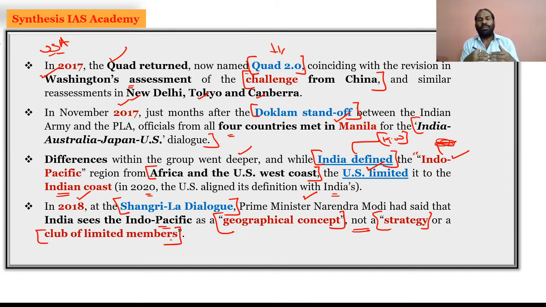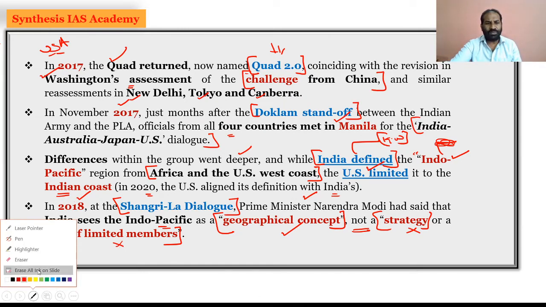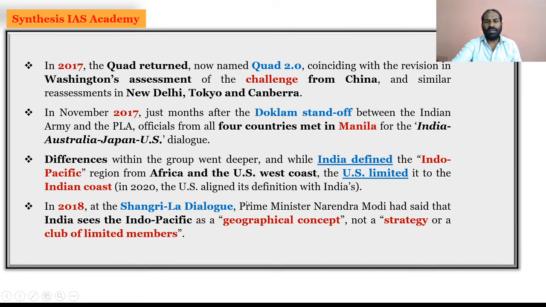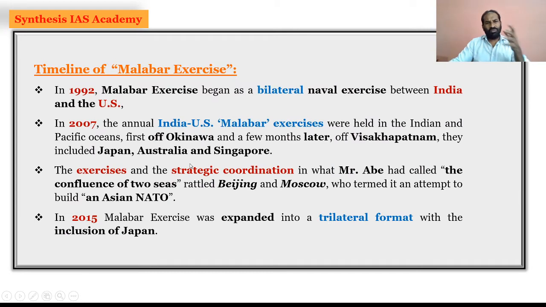So look at it, the Indian Prime Minister made it very clear that India is looking at the Indo-Pacific region as a geographical concept, not just as a strategy or a club of limited members. A very clear message was sent by our Prime Minister Narendra Modi in 2018 at the Shangri-La dialogue. Now we will focus on the timeline of the Malabar exercise.